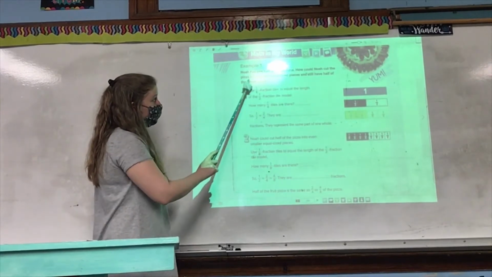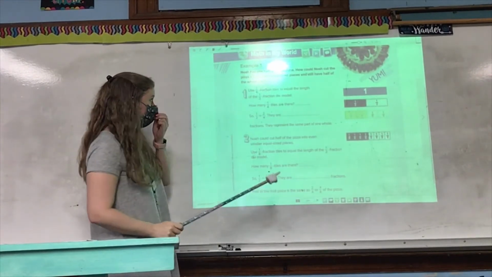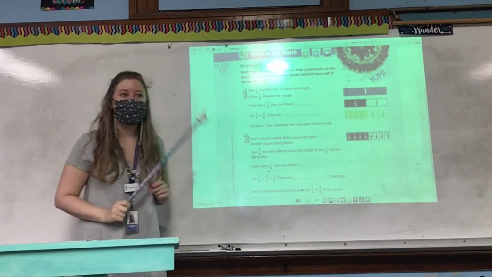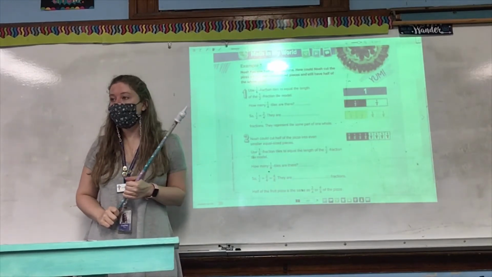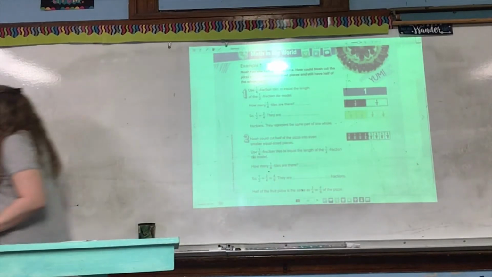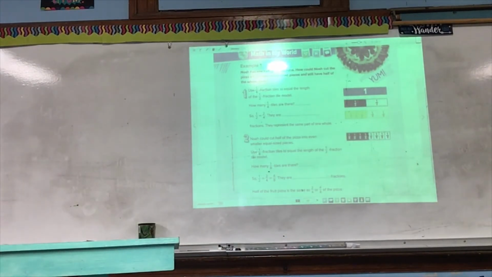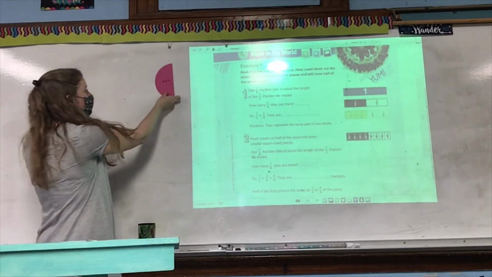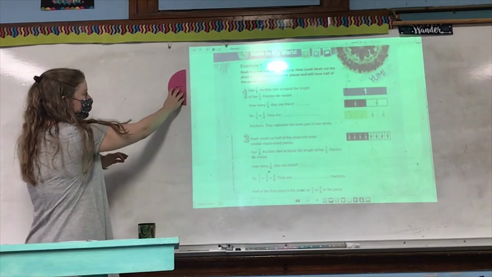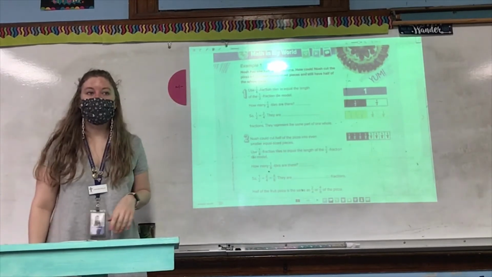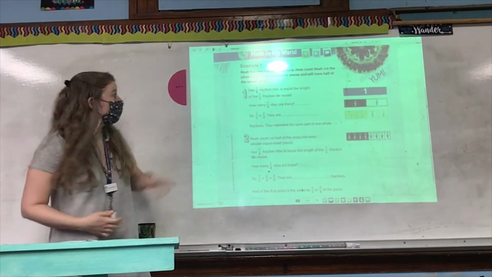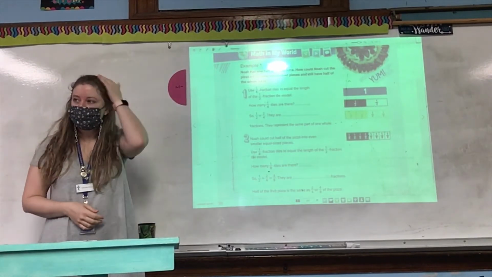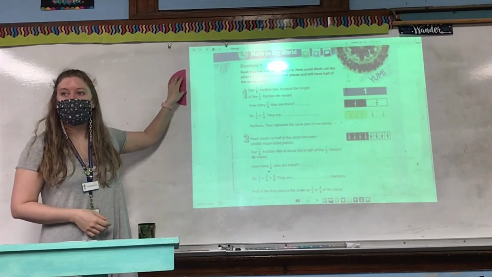How could Noah cut the pizza into smaller, equal-sized pieces and still have half of the whole pizza? So what we're doing is we are taking half of that fruit pizza, and we're figuring out how can we cut it into equal pieces, because obviously someone's not going to eat this whole half of pizza.